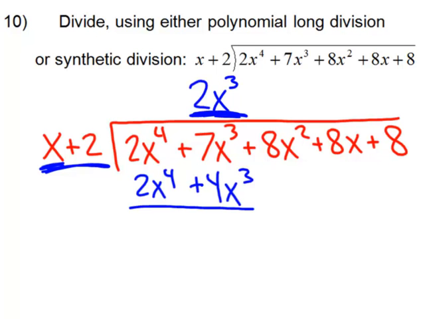And just like regular long division with numbers, we would then subtract. We have 2x to the fourth plus 7x cubed. I'm going to subtract all of this, and if you prefer, you might want to distribute in a minus sign, just to remind yourself that this has become subtraction.